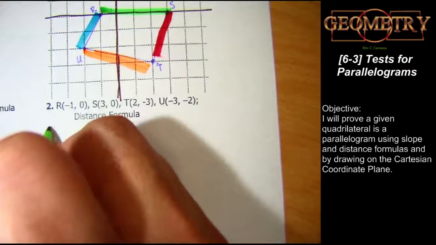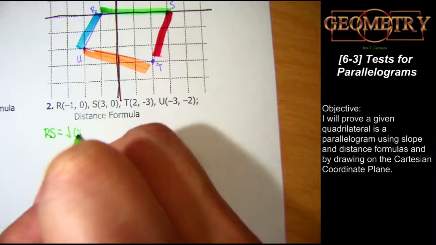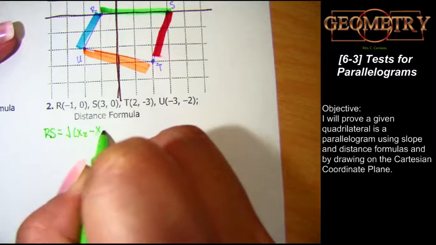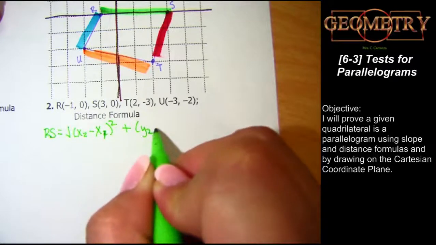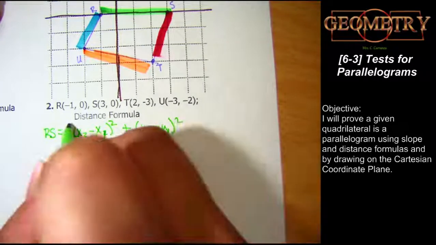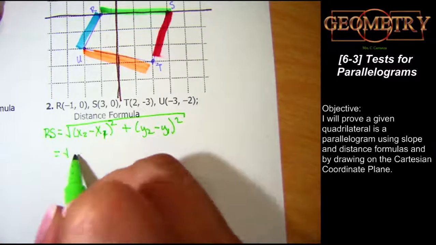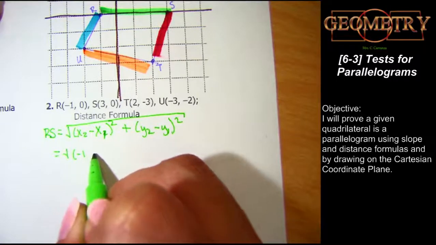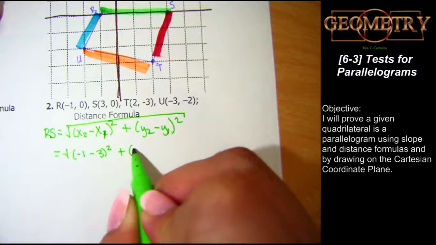So we're going to run distance formula on the top side and the bottom side. My x's, all my x's.